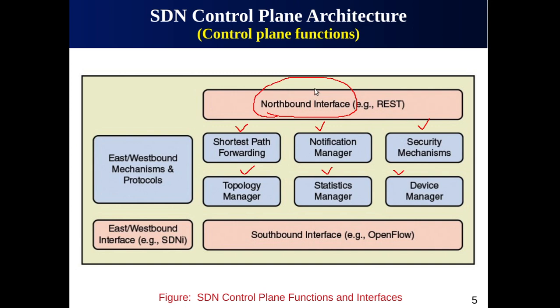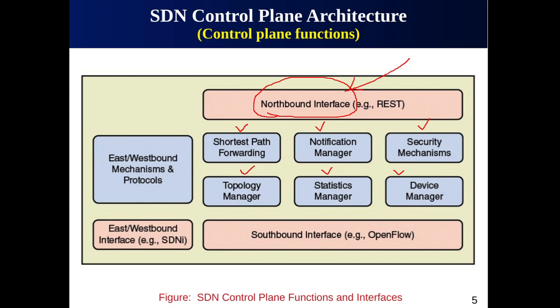In the beginning of this course, I shared with you that standardization efforts lack at the northbound interfaces, and there is no widely accepted standard for this interface, although a number of unique APIs have been developed. And this growing number of APIs makes it complicated to develop SDN applications.